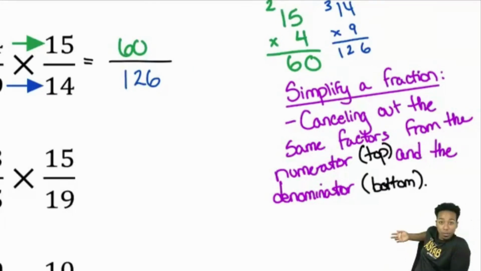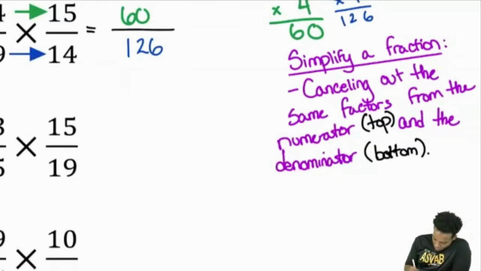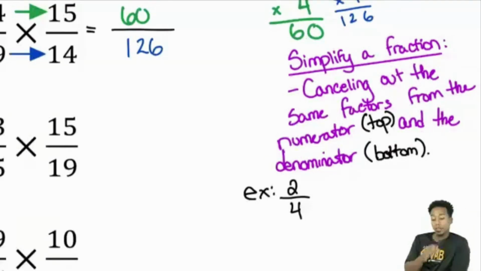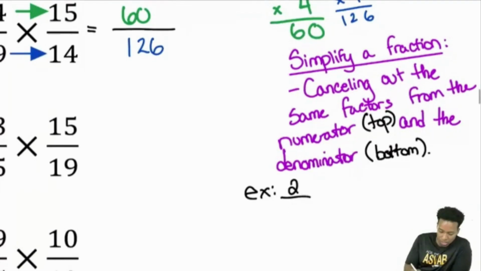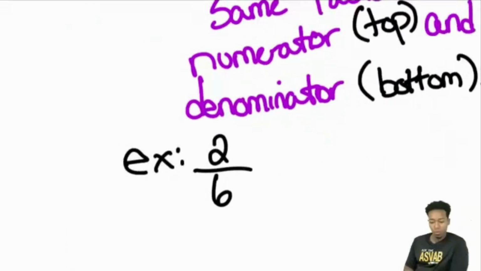Let me show you an example here. Everybody, let's say we got 2/4. Example right over here. We all know that 4 is the same as 2 times 2, yes or no? Let me actually use a different number than 4. Let me use 6, it'll make much more sense. So let's say we have 2/6.